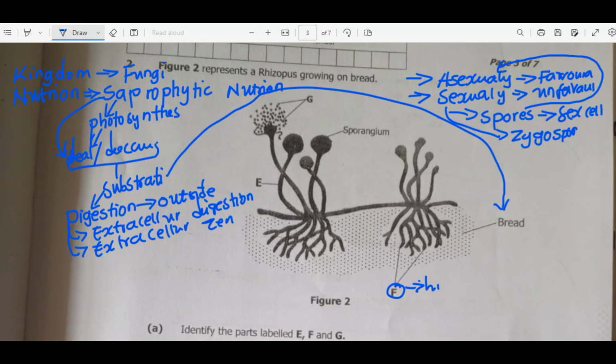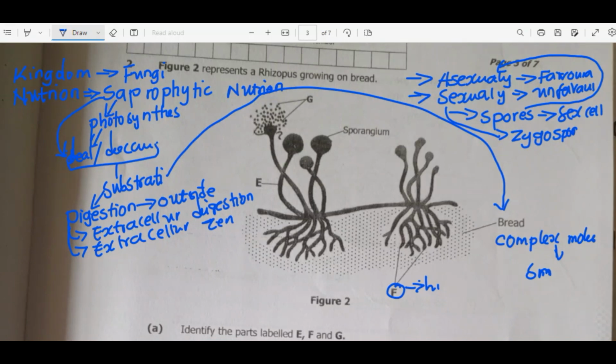Then the extracellular enzymes will break down the complex food molecules into simpler ones. The rhizopus can only use the food values when they are in simpler form. For what reasons? For absorption and assimilation, like the way we have in human beings.